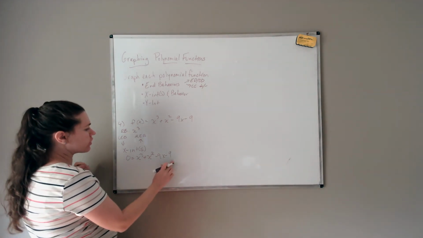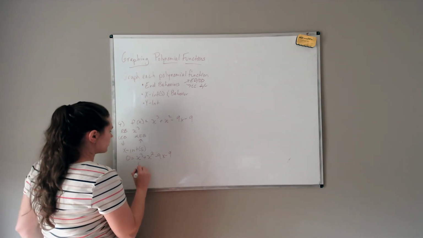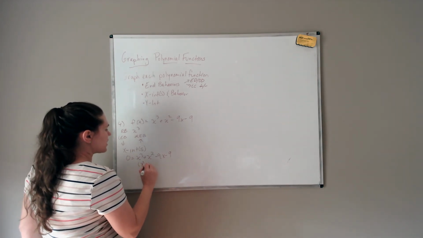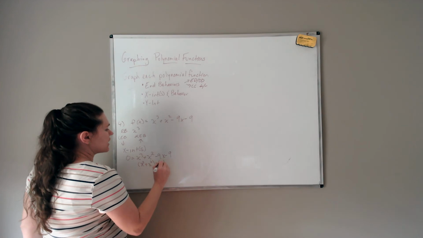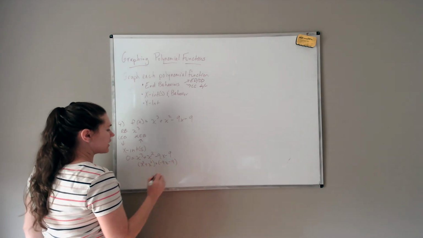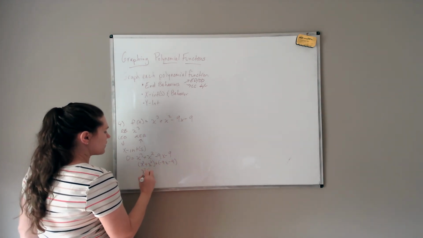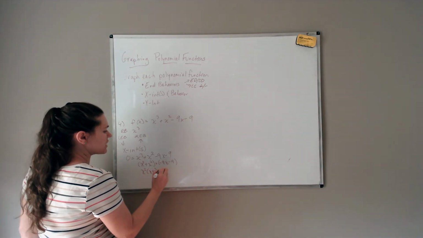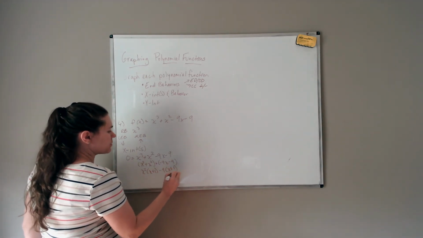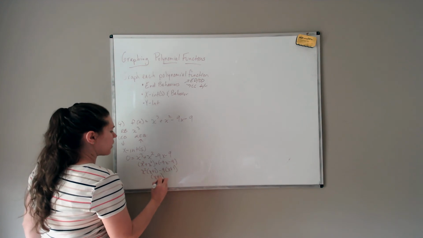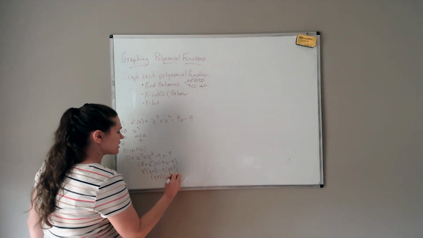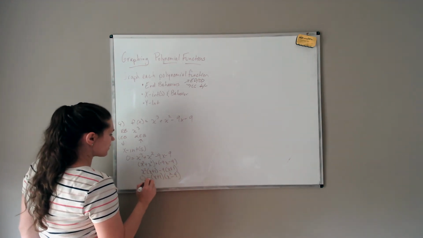If there are 4 terms, you should be factoring by grouping here. So that's x to the 3rd plus x squared plus -9x minus 9. That's x squared times (x plus 1) minus 9 times (x plus 1). That's (x plus 1) times (x squared minus 9) equals 0.